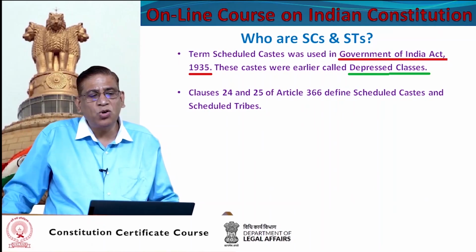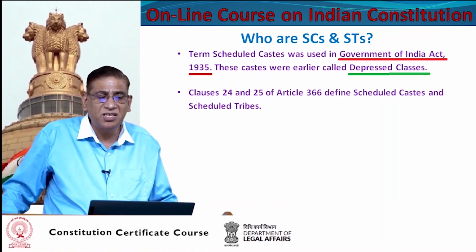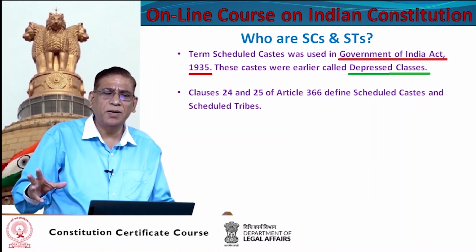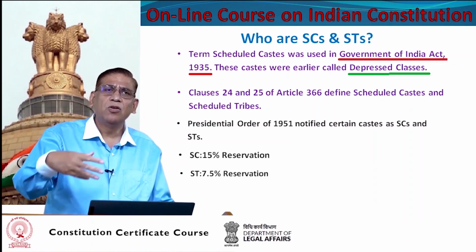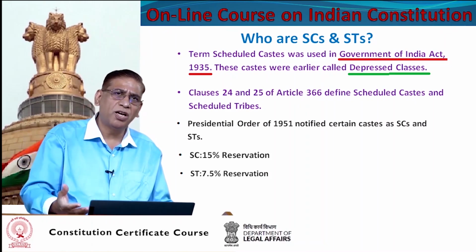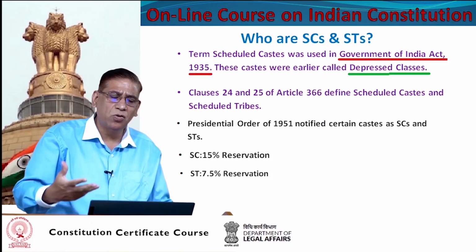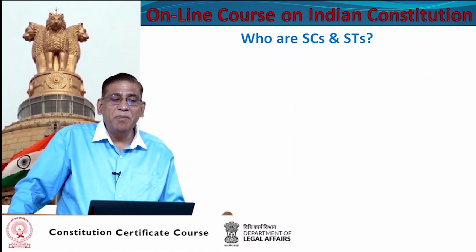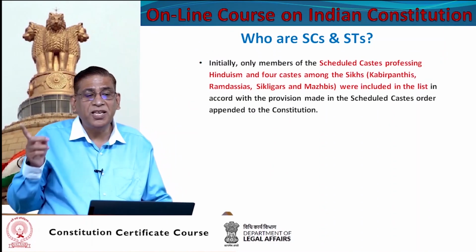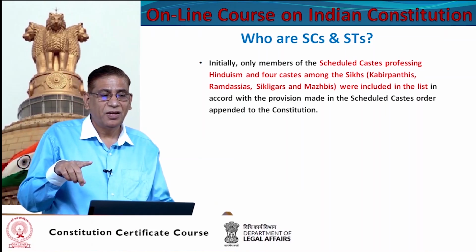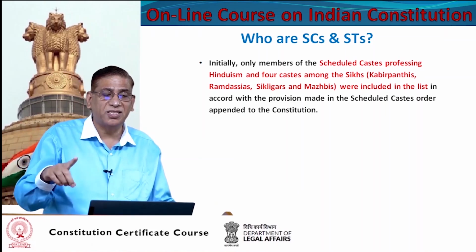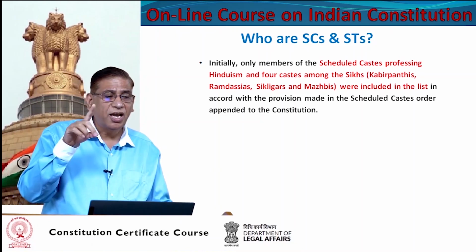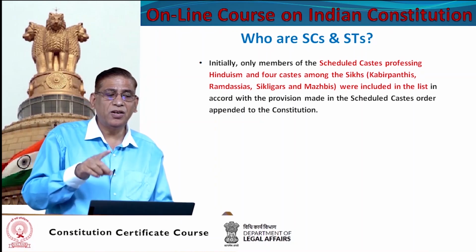Clauses 24 and 25 of Article 366 define scheduled caste and scheduled tribes. And it is the President of India who will define through a presidential order what castes are to be included in these two categories. Now, initially only members of the scheduled caste professing Hinduism and 4 castes among 6, Kabir Panthis, Ramdasis, Sikligars and Mazhabis were included in the list.